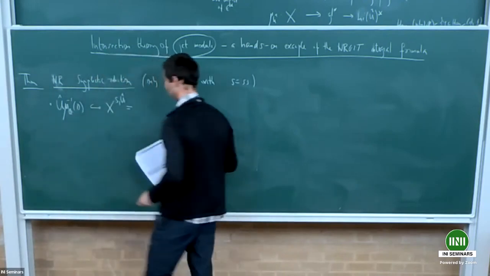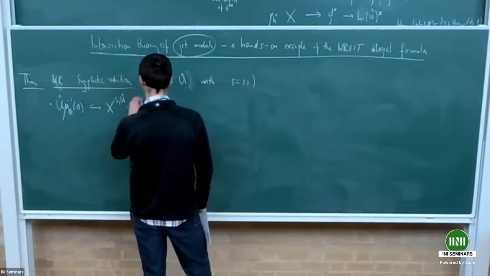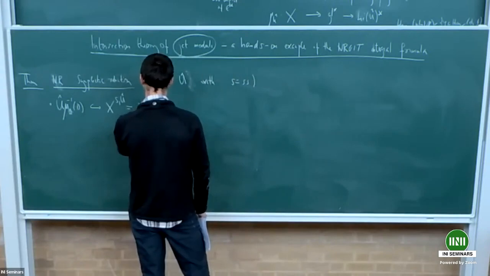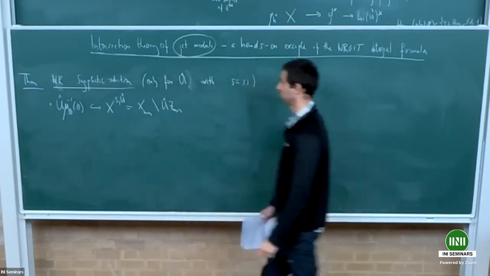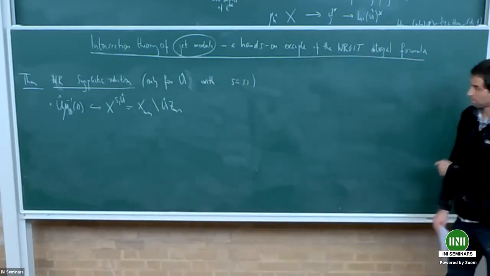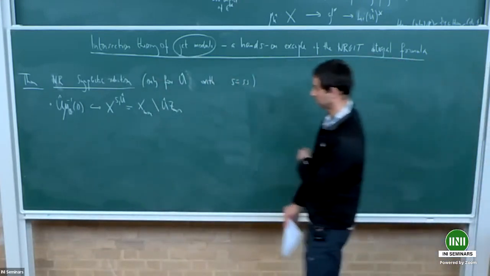Just a reminder, this was X min, and we take away U hat times Z min, the U hat sweep of Z min. That was the stable locus.